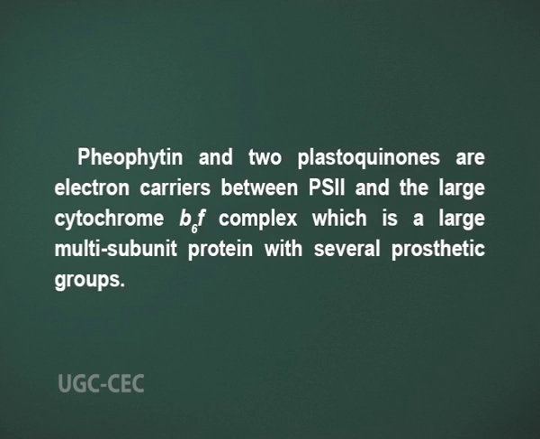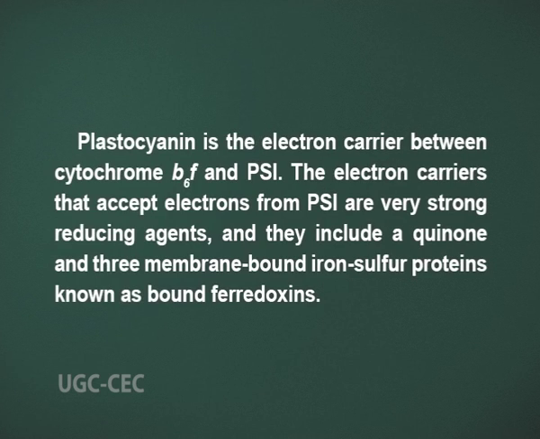Pheophytin and 2 plastoquinones are electron carriers between photosystem 2 and the cytochrome B6F complex, which is a large multi-subunit protein with several prosthetic groups. Plastocyanin is the electron carrier between cytochrome B6F and photosystem 1.